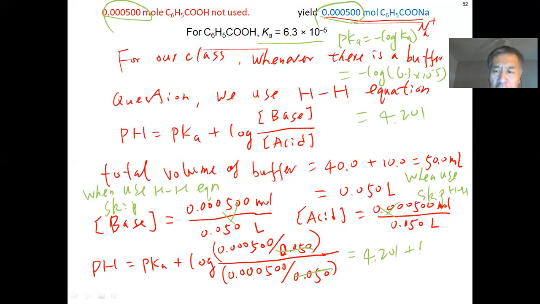Then everything else comes out, becoming log 1. So log 1 is 0. Therefore, plus 0, so our final answer is 4.201. So that's the pH after we add 10 milliliters of NaOH, which is before the equivalence point, and we did a buffer calculation. We found our pH is 4.201.